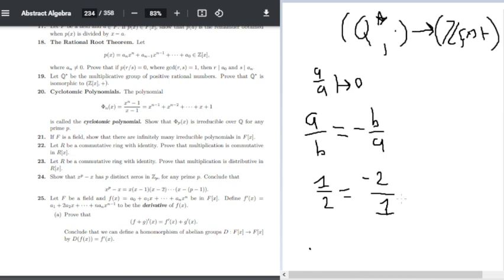So what information does the numerator and denominator tell us? We know that A over B corresponds to a polynomial, right?